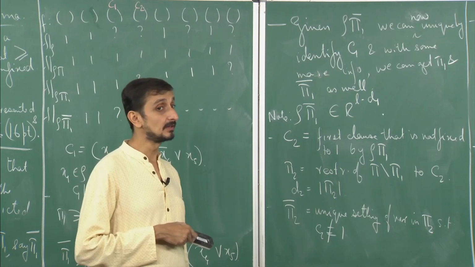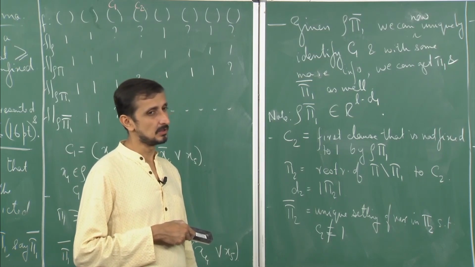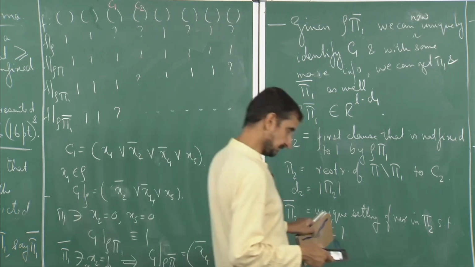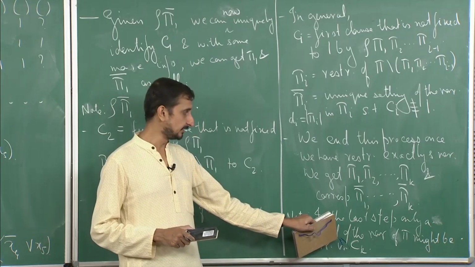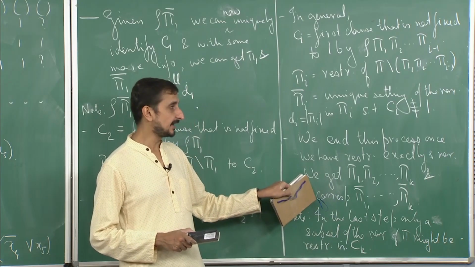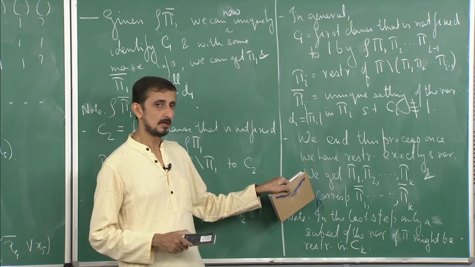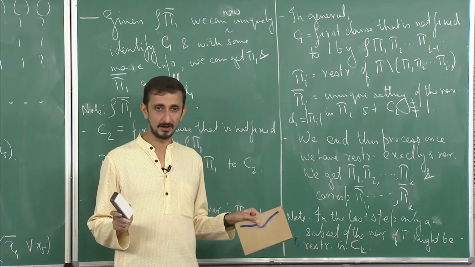It won't matter if the restriction just restricted to these variables does not set it to 1. Restricting it to those variables will not set f restricted to rho pi 2 up to pi k to 1, it will not set that clause to 1, okay.